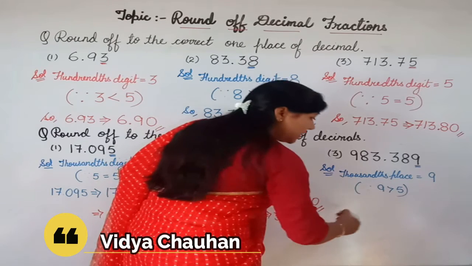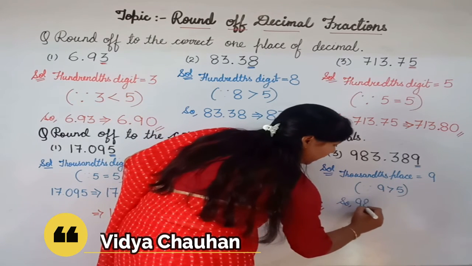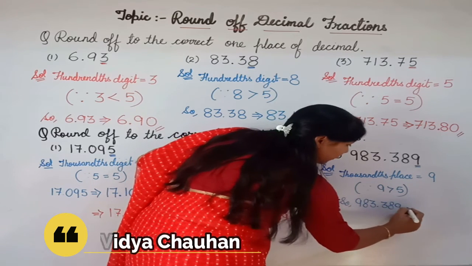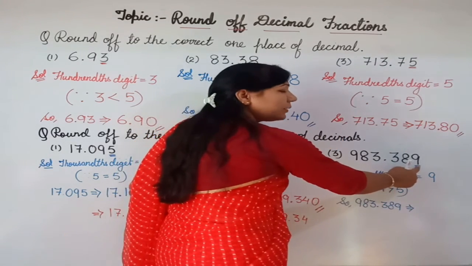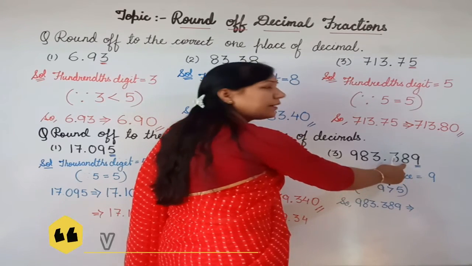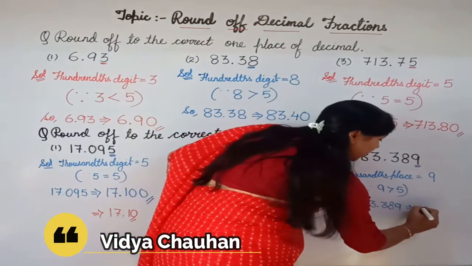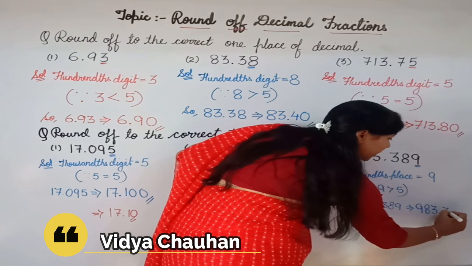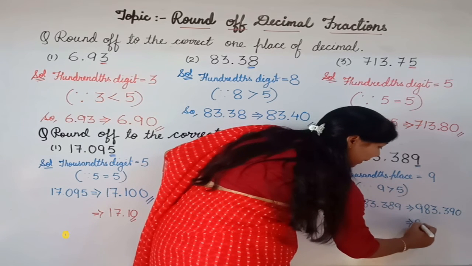So this digit will become 0 and the digit at the hundredths place will increase by 1. It will become 983.390, or you can write it as 983.39.